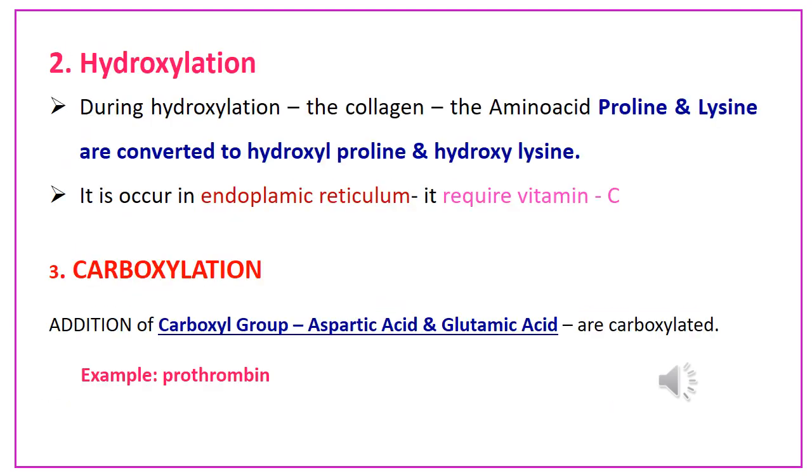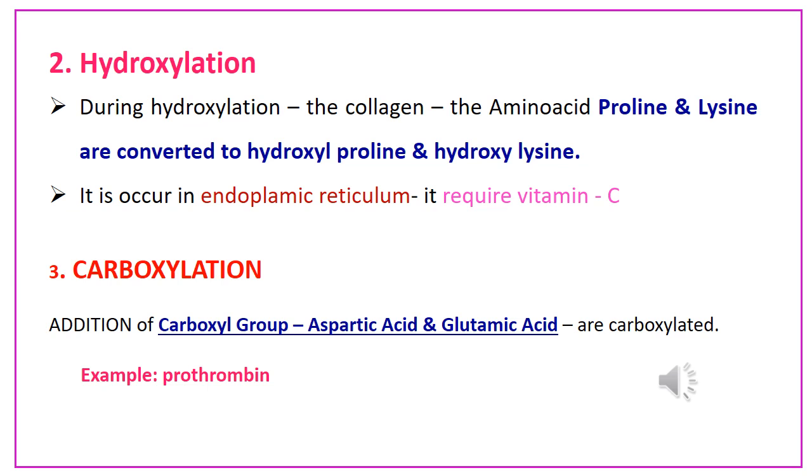The next one, hydroxylation. During hydroxylation in collagen, the amino acid residues like proline and lysine are converted to hydroxyproline and hydroxylysine. The hydroxylation process majorly occurs in the endoplasmic reticulum and requires vitamin C. The third, carboxylation.